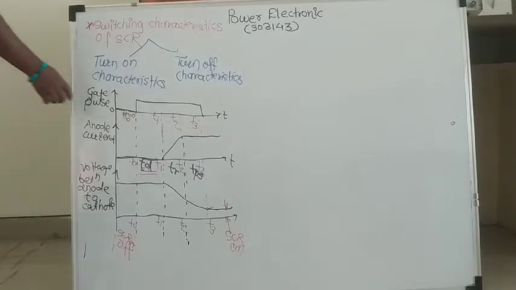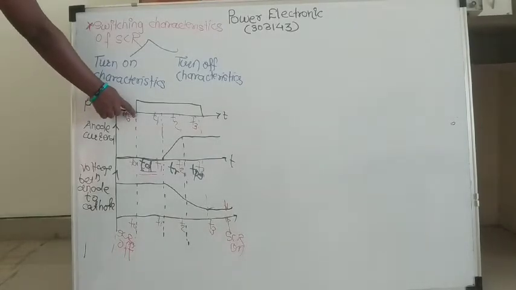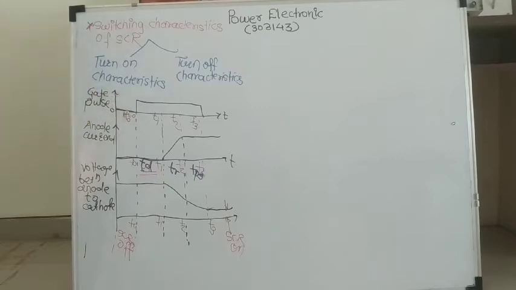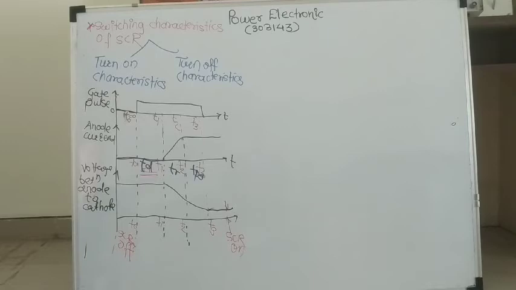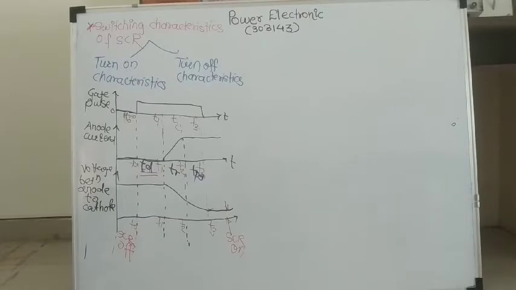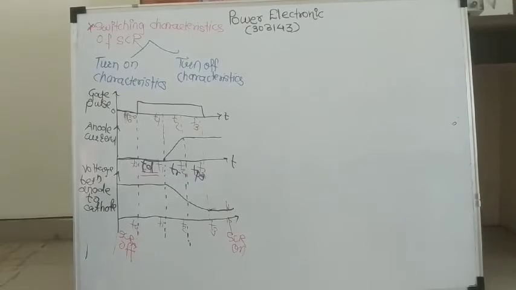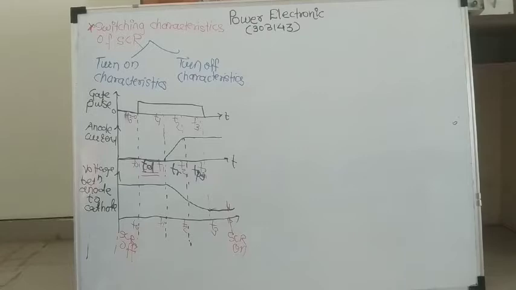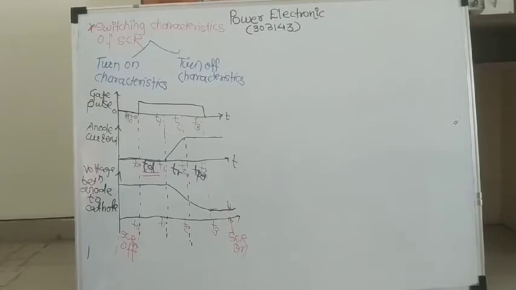Now see here, this gate pulse starts from this timing called t is equal to 0. At this time gate pulse starts. Now when we apply the gate pulse, it should have the specific magnitude and the specific duration, because to start the SCR we need that gate pulse should have the specific magnitude as well as duration.